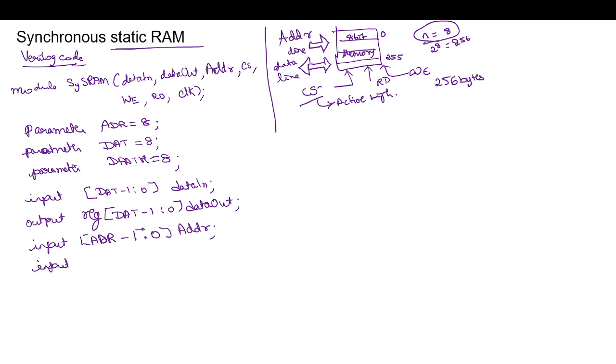Then next, all the 1 bit inputs are the clock, chip enable, write, and then read.